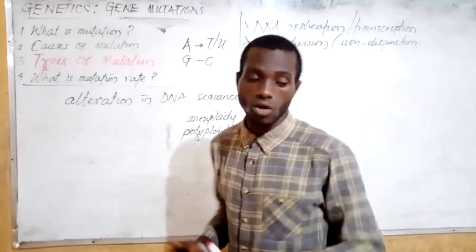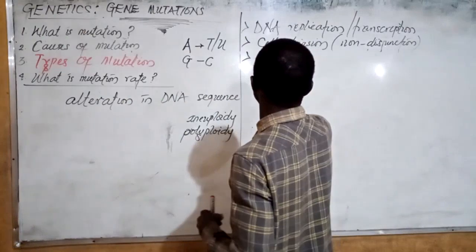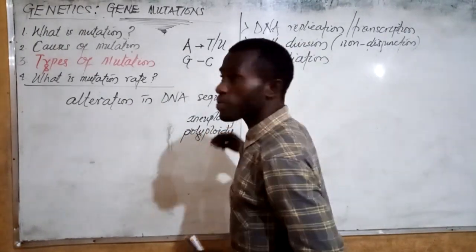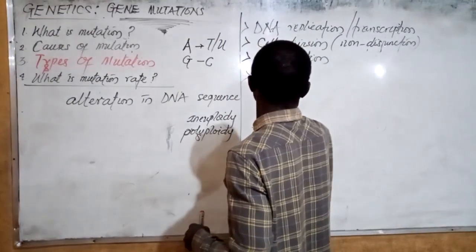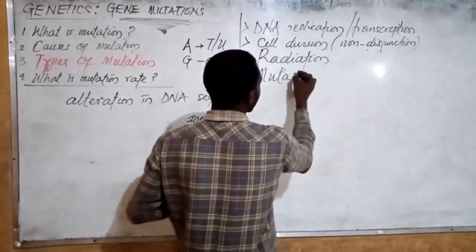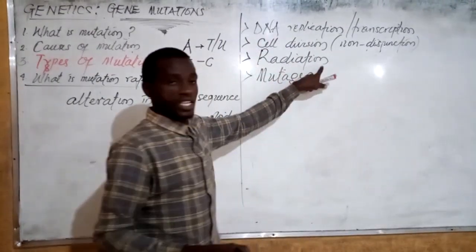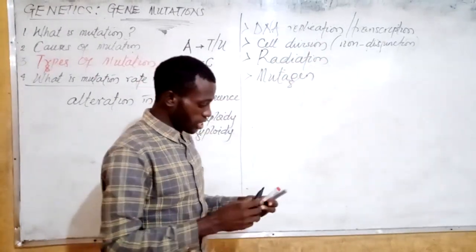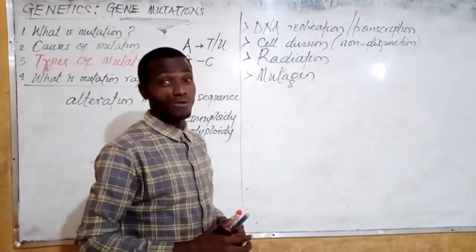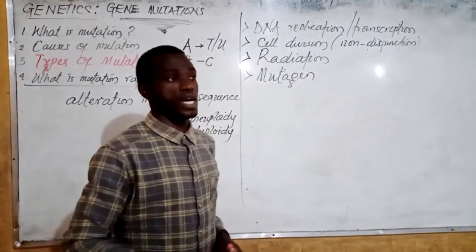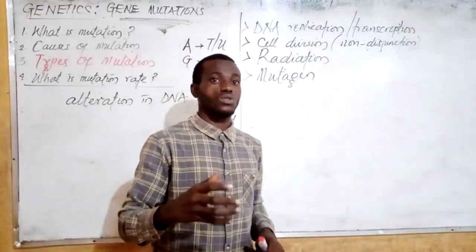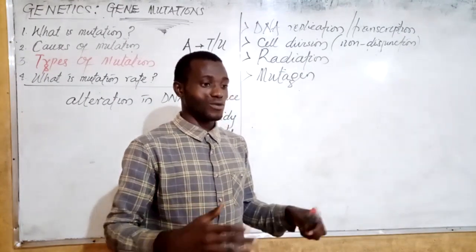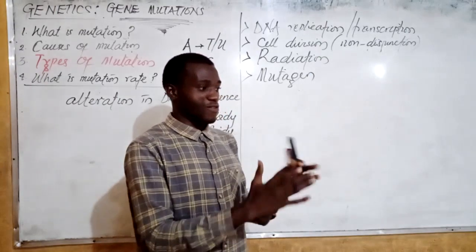It could be because of some radiation, or because of exposure to some mutagen. So if a cell is exposed to radiation, such as X-ray and gamma ray, it could lead to mutation. If you remember the story of Marie Curie, for example, who worked with radiation: according to the story, she loved to bask in the light of that invention.